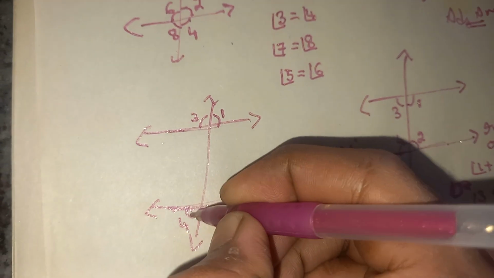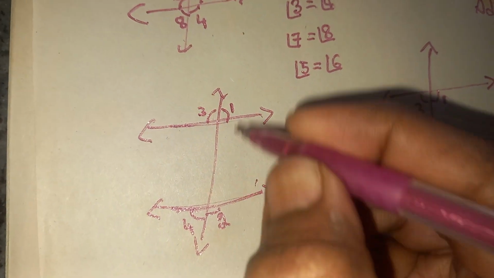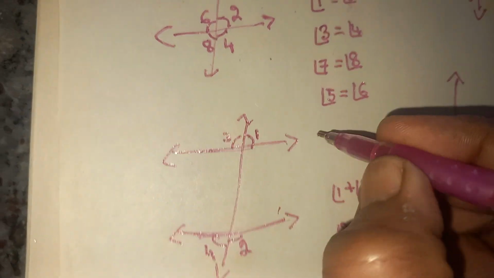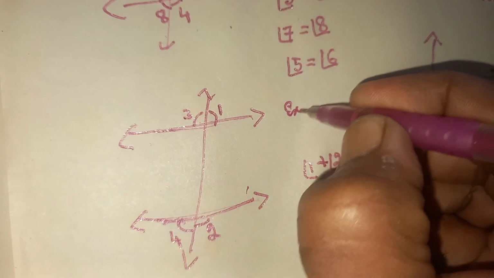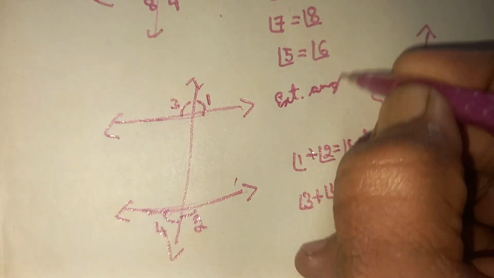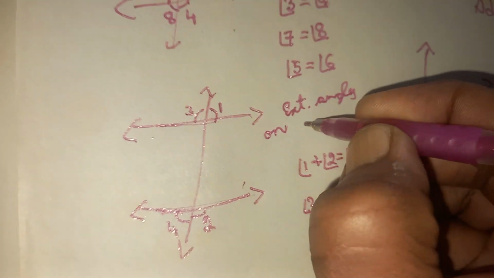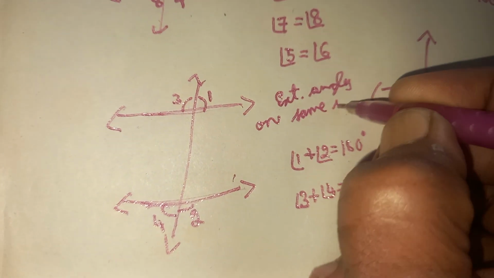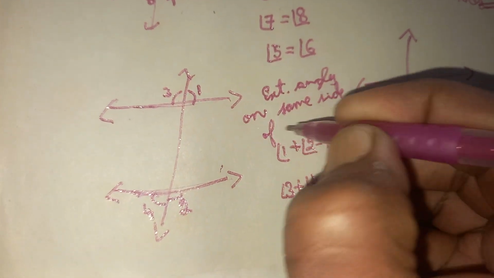So these two angles sum to 180 degrees, and these two angles also sum to 180 degrees. They are known as exterior angles on the same side of the transversal.